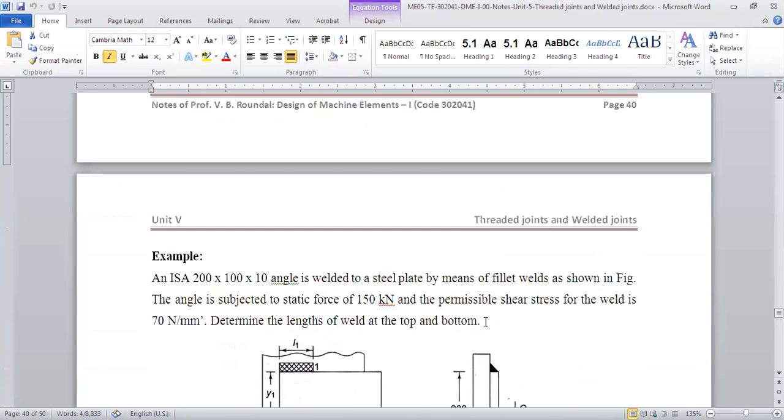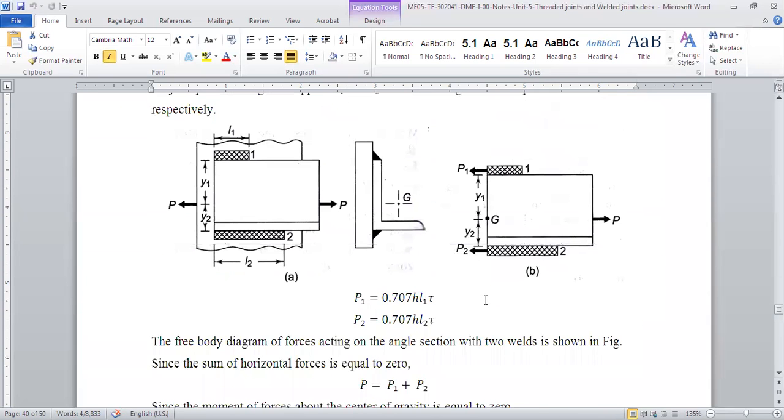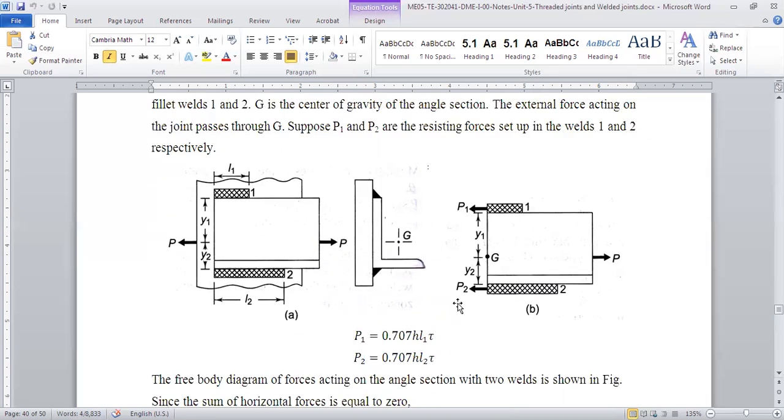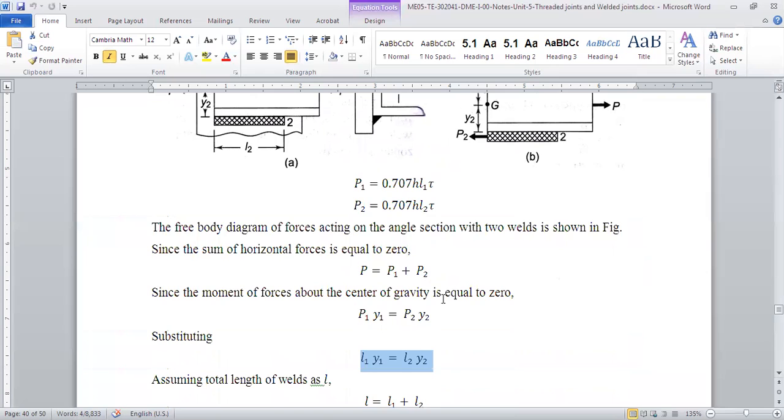By using this equation we can calculate the lengths and loads and all that, right? Clear? Any doubt anybody is having? So this is the case where the weld is asymmetric, it is not equal length, it is asymmetric along the axis. Because of that there will be a shift in the center of gravity and there will be moment. Okay, so if you guys are okay, I can proceed with the numerical.